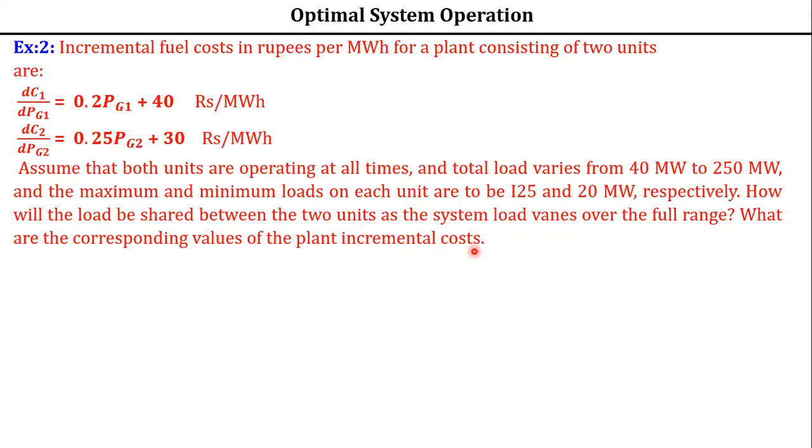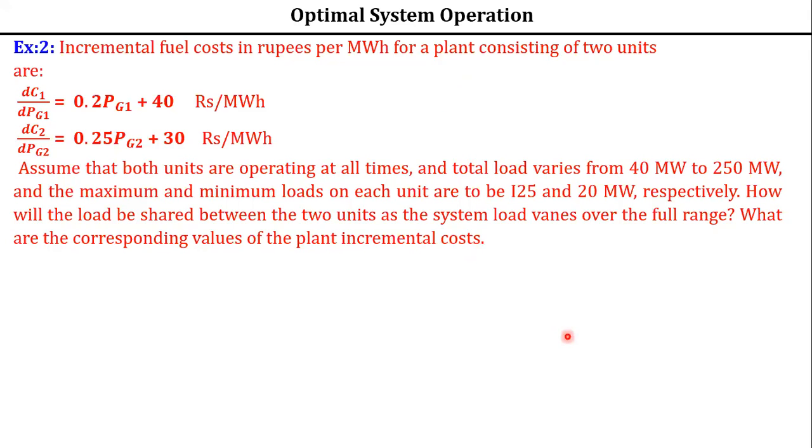This is what the question asks. So now what we have to do? When the load is varying, keeping the generator limits in mind, we have to meet the load demand. There is variation in load demand, and we must see how these units are loaded for this variation in load. This is the problem that we are going to deal with now.